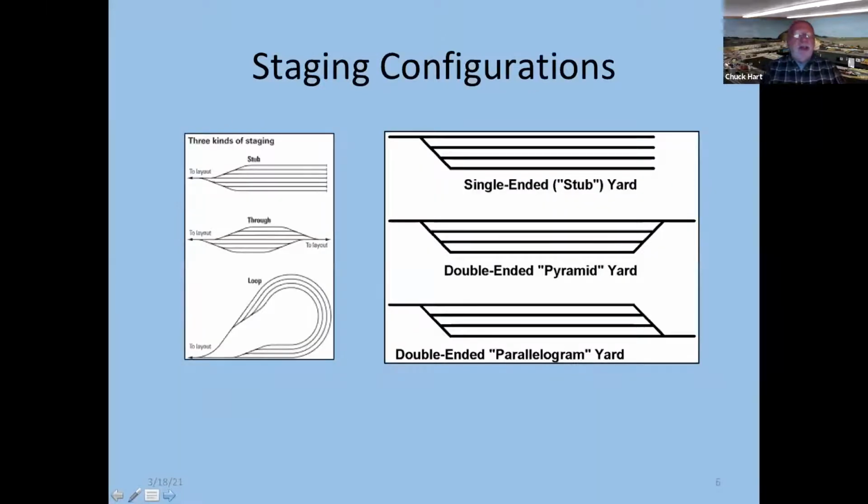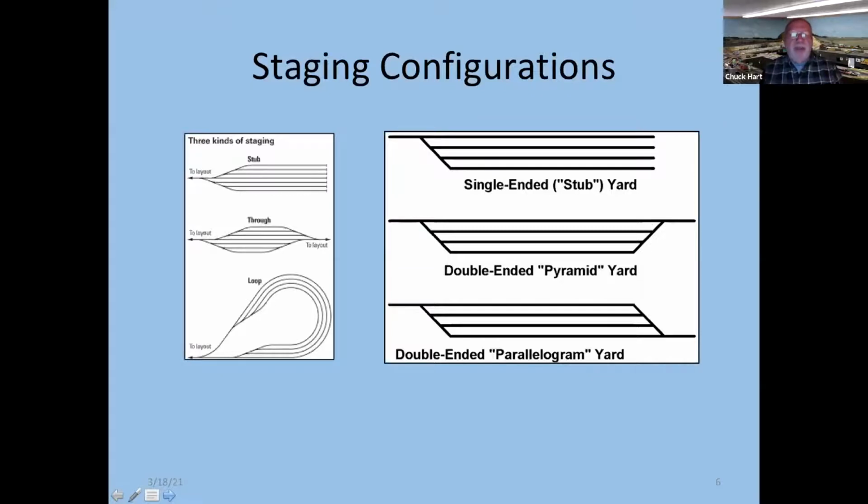Staging configurations. This is the last slide on this part. Basically three kinds of staging: a stub, a through staging, something like me in the middle of your railroad, and loop staging. Now I have all of these on mine. I've got about 6 yards. I'm going to cover, I think, four of them.